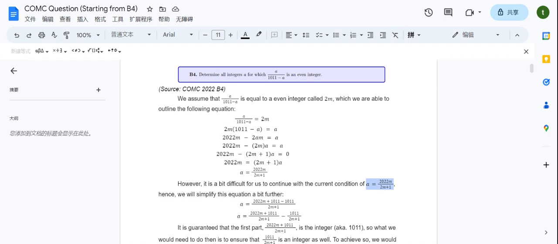So therefore, we are going to simplify this equation a bit further.